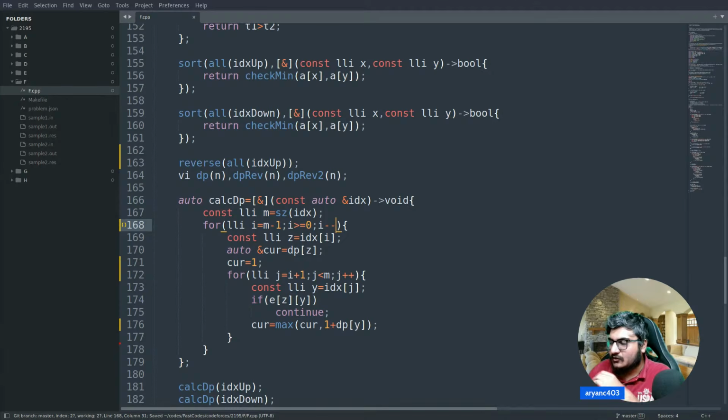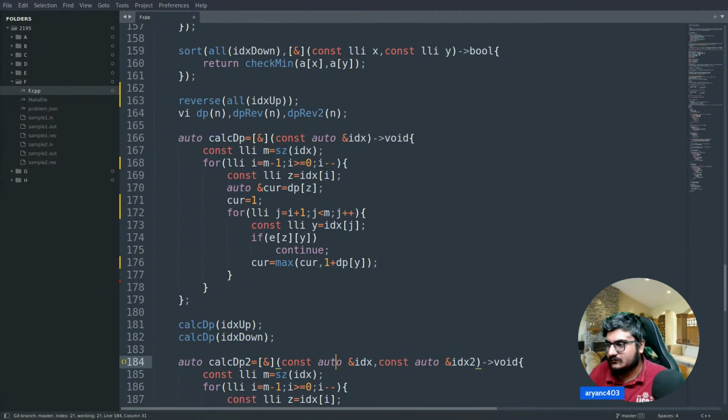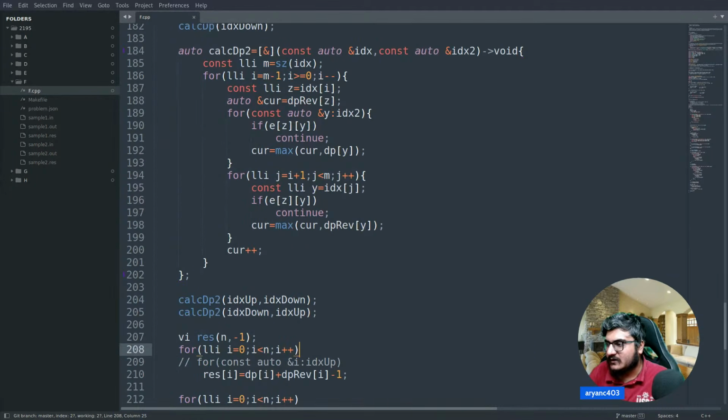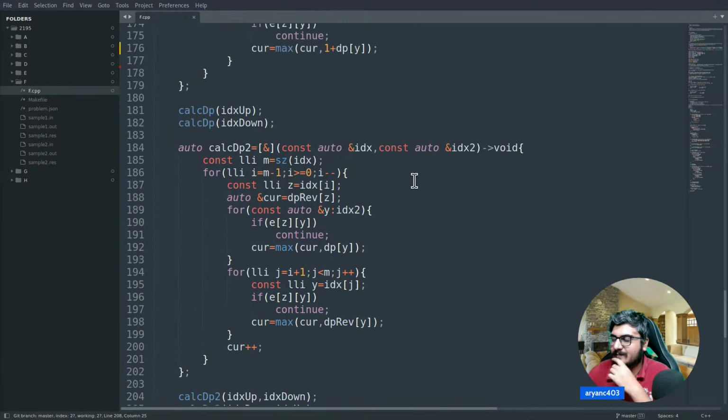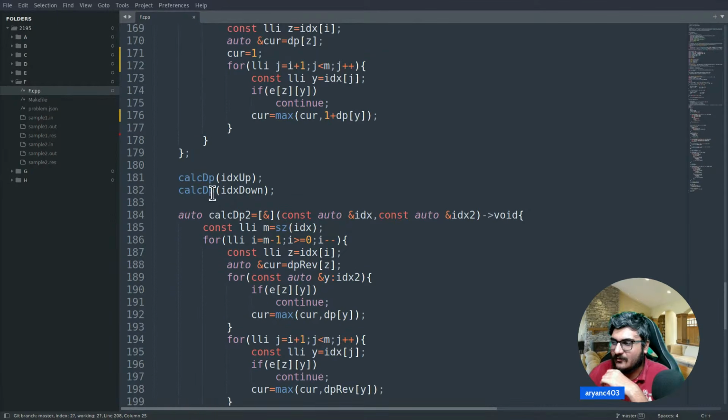So this will give you, for a given parabola, the maximum number of parabolas below it you can select. Then you have to run dp2 as well. Similarly, you can find, for all the upward parabolas using the same function, for each parabola, how many parabolas above it you can find.